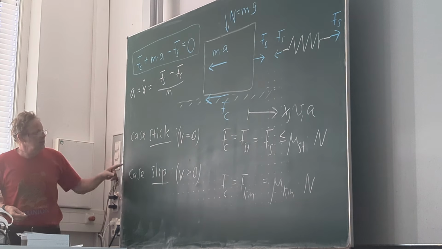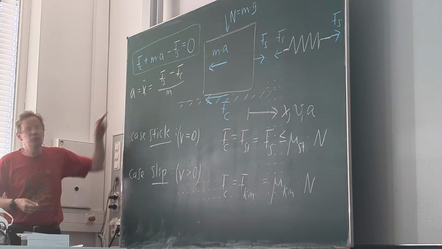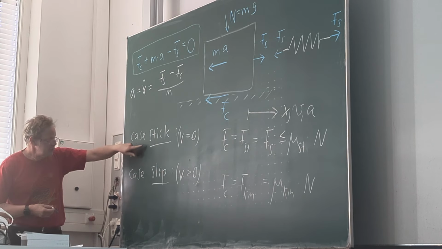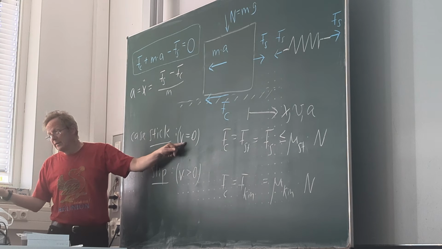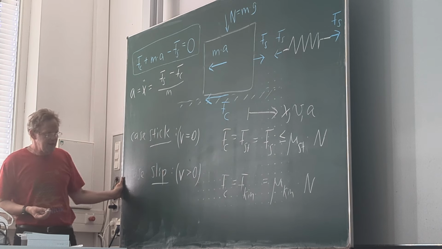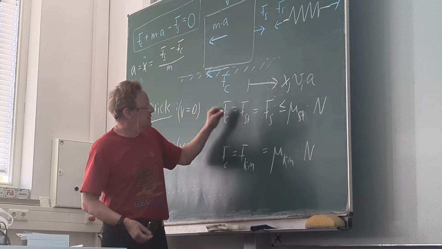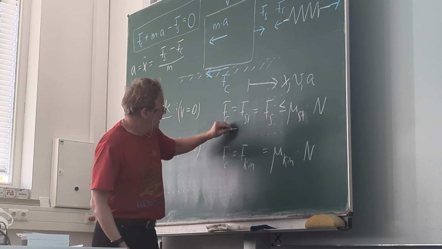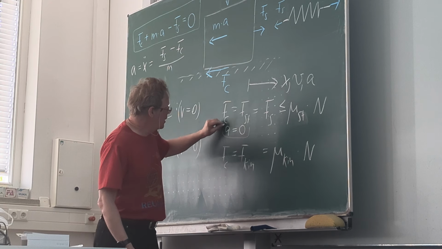So we have in these two cases two values. In the first case, of course, when we have no velocity, we also have no acceleration. So we could just say acceleration in this case is always 0.